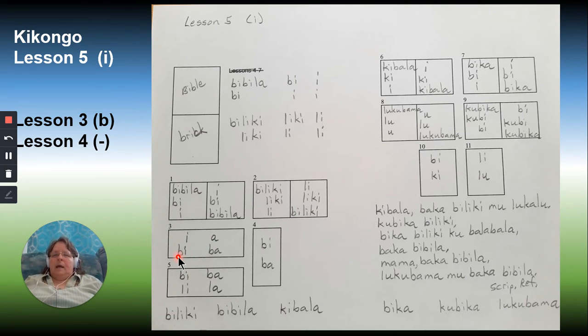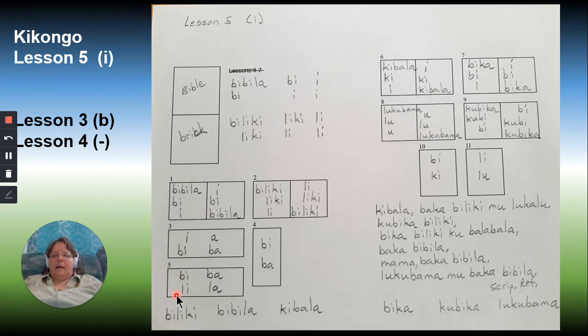I chose the B because that was done in lesson 3. And then once again, based on what you did in lesson 4, you might choose the L or one of the other consonants that you see with the E. I would either choose the B or the L here because that's what we've taught with the new vowel. So in this case, I chose B: bi, ba, bi, ba, bi, ba.